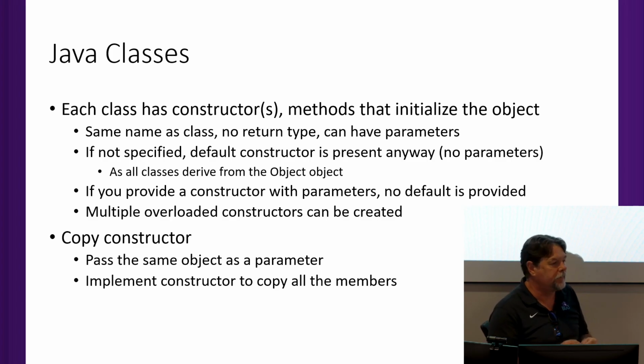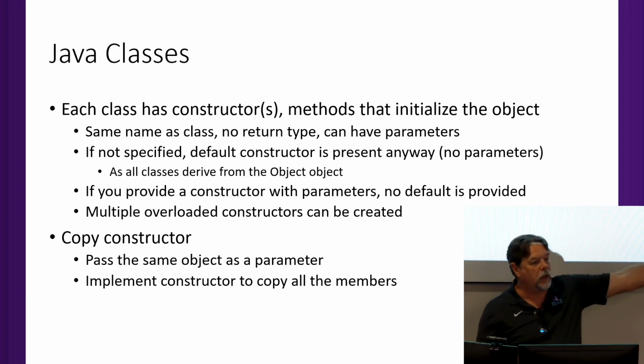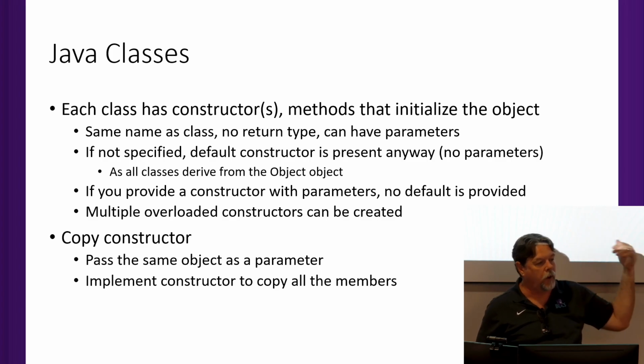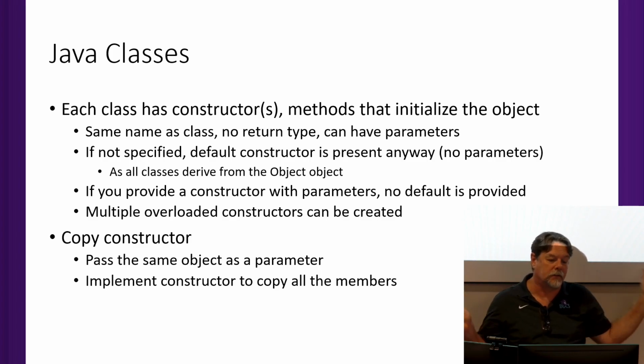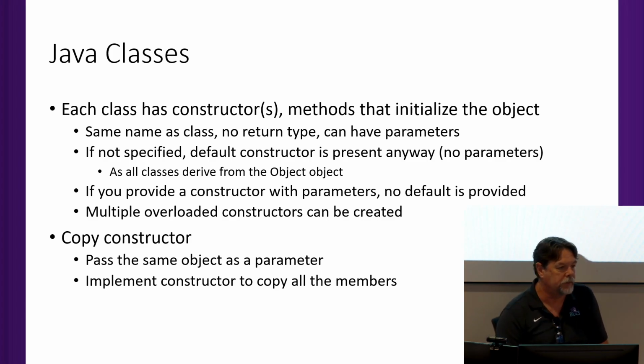It's perfectly valid to put private or protected on those constructors instead of public. That way, your code and your class can use them, but nobody else. Like somebody in the main function can't create a new instance of this object and call that constructor, because they'll say, oh, I'm sorry, you don't have access to that private method or property or whatever the error message is. Okay, so that's another thing.